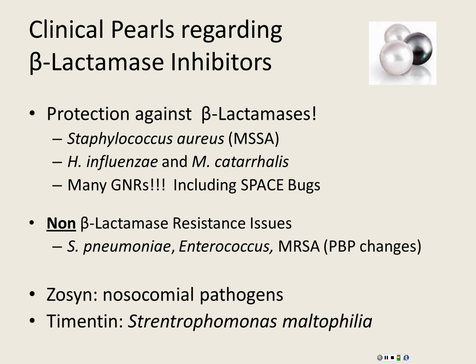So by adding the beta-lactamase inhibitor onto the penicillin, you don't get any additional activity. So with strep pneumo, with enterococcus, and with MRSA, those all have resistance problems either through changes in their penicillin binding proteins or changes with efflux pumps that render those organisms not relevant for a beta-lactamase inhibitor, if that makes sense.